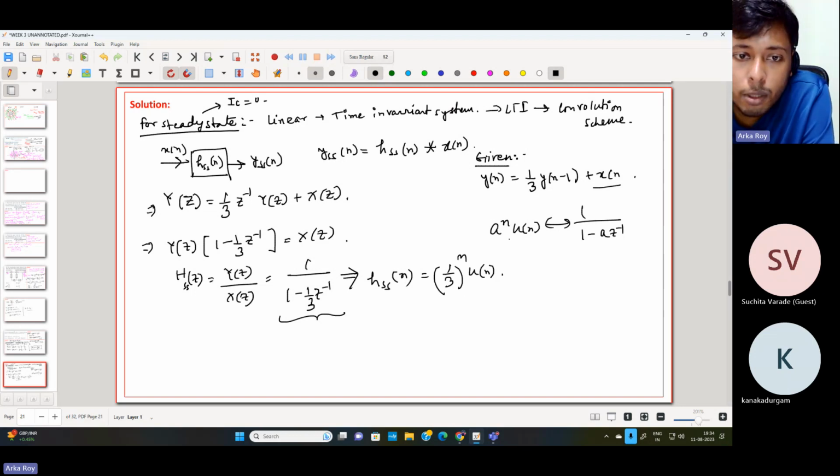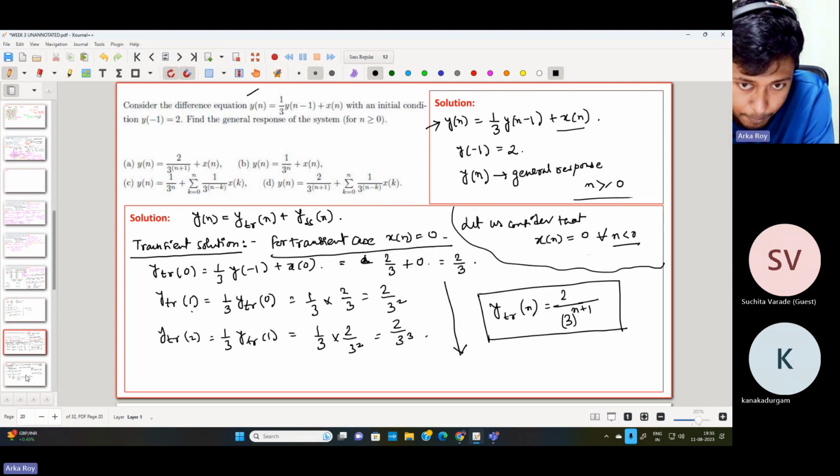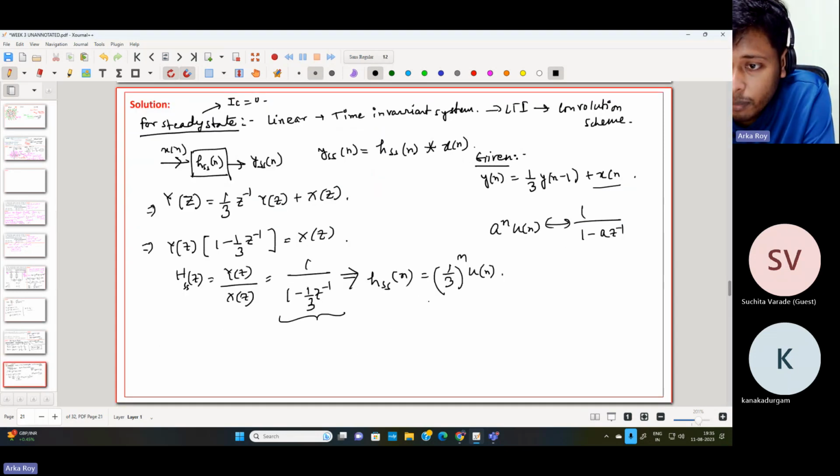And as I told initially itself, if nothing particular is given, we'll consider that xn is 0 for all negative indices. So effectively, we have landed on the same thing, that this is a right-sided sequence and all values for the negative indices are 0.